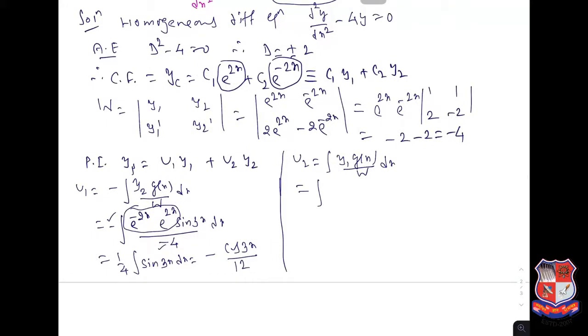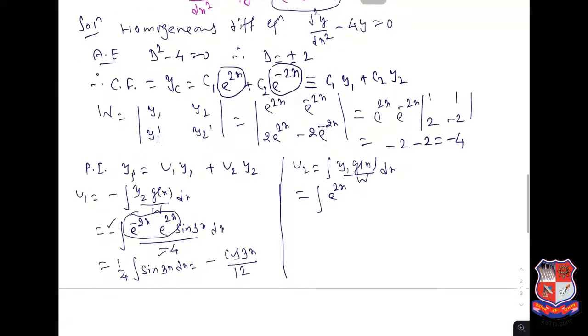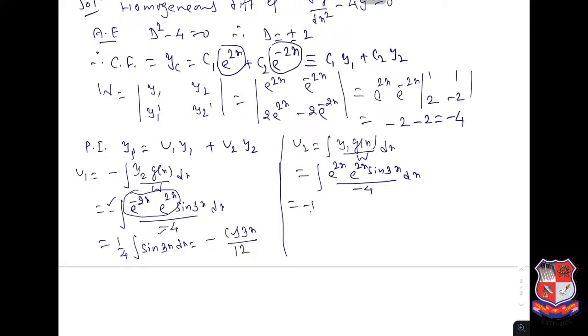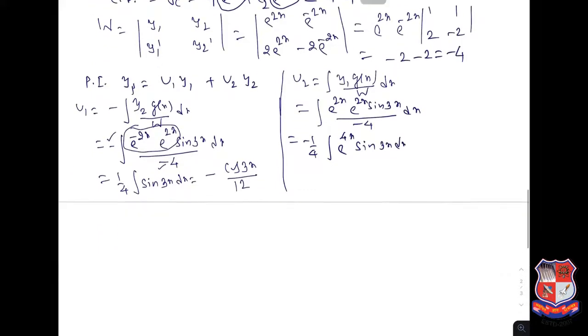Now y1 is e power 2x, then gx is e power 2x sin 3x, and divide by minus 4 dx. So this is minus 1 by 4 integration e power 4x sin 3x dx.